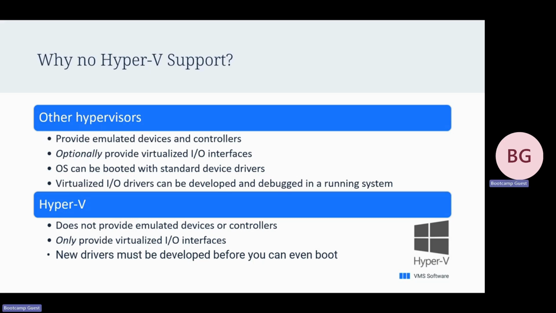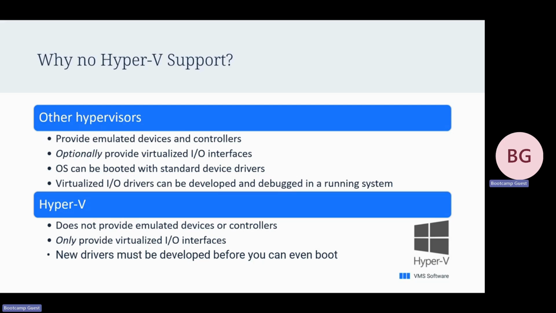So if you have an operating system that knows nothing about virtualized hardware, that was written to use a real SCSI controller with real SCSI disks, other hypervisors provide emulated SCSI disks and emulated SCSI controllers that look just like the real thing to the operating system.